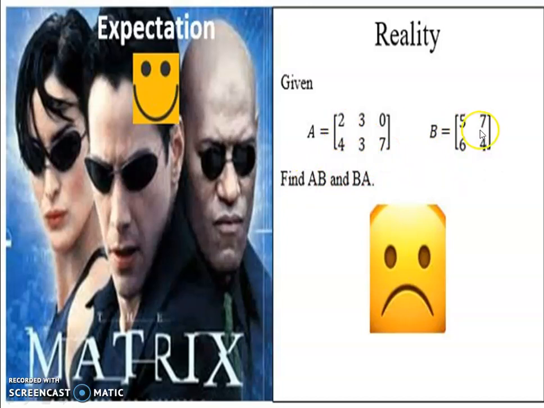A into B is not possible. Why? Because the first row must be multiplied with the first column, but the row 2 3 0 has 3 elements, while the column 5 6 has only 2 elements. The order of the first matrix is 2 by 3, and the order of the other matrix is 2 by 2. That's why multiplication of AB is not possible, because there are 2 rows and 3 columns. We will discuss this further in later equations.